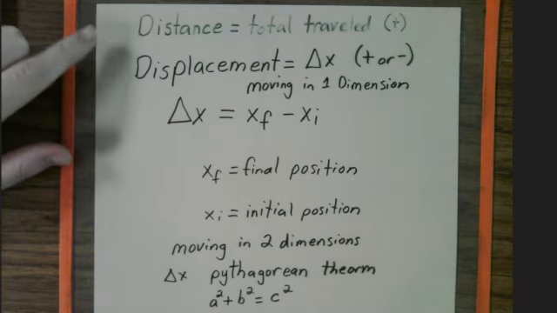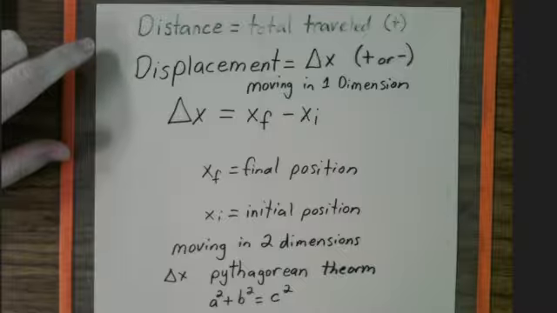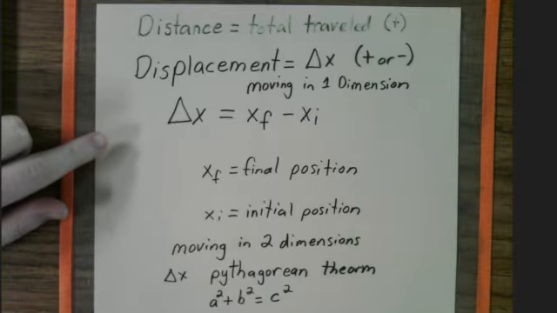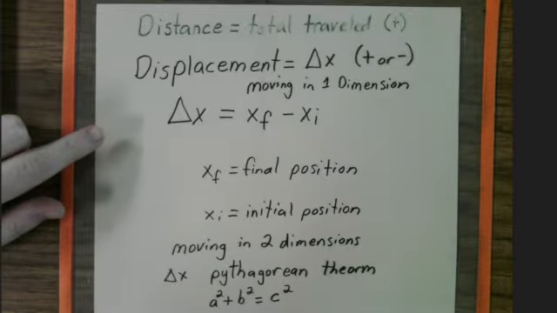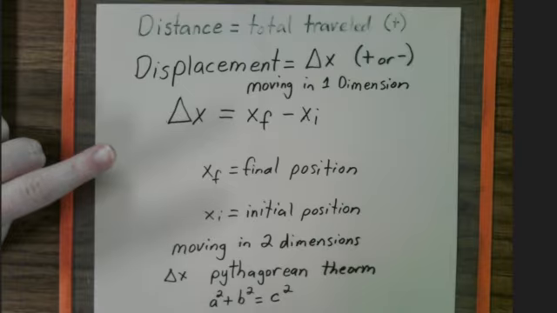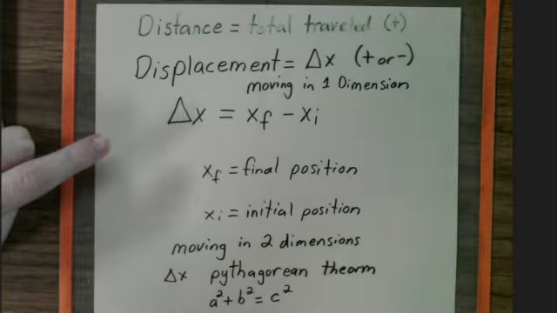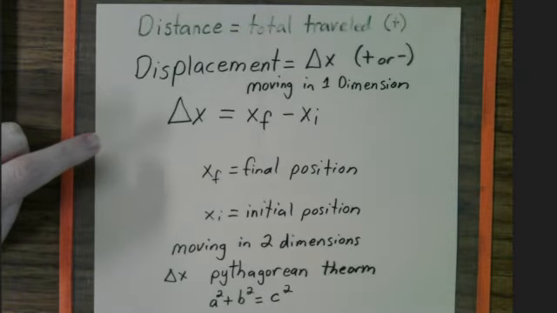The formula for finding distance, you're just going to add all of the numbers together, the distance you traveled. For displacement, however, we have two formulas. If we're moving in one direction or one straight line, we're going to use this formula: change in x, or displacement, is equal to the final position minus the initial position, or the starting position.